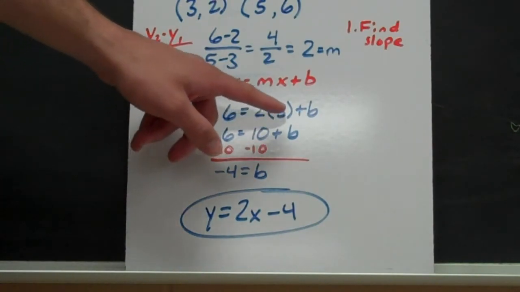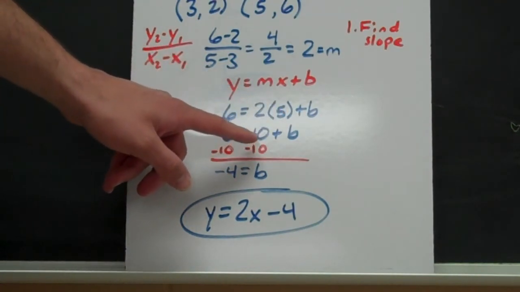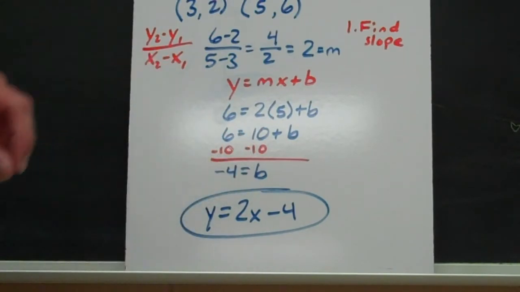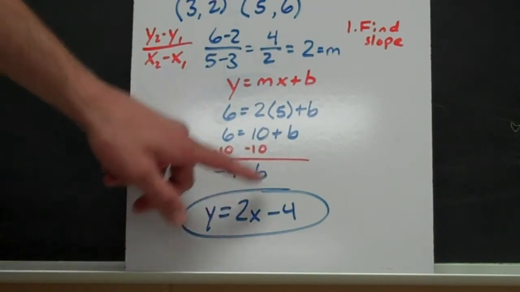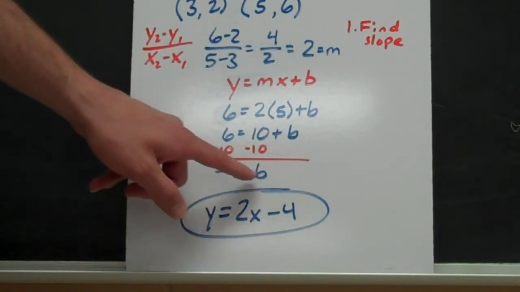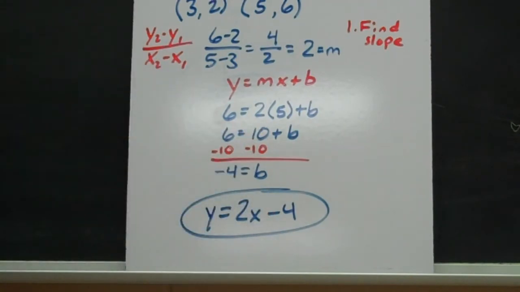So now I take 2 times 5 and I get 10, and I subtract 10 from each side. 6 minus 10 is negative 4, so b equals negative 4. So now I write my equation, y = 2x minus 4.